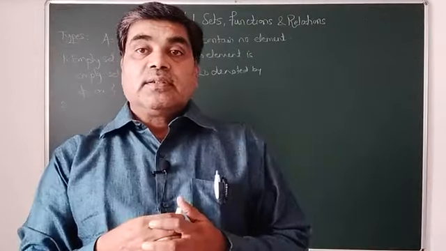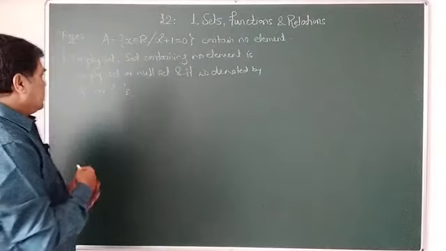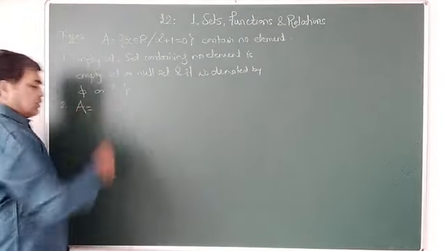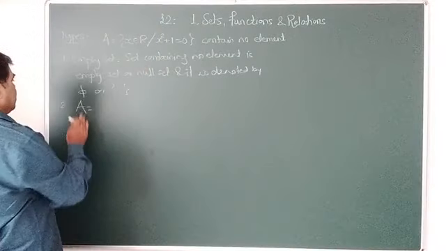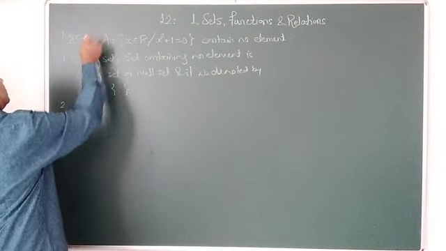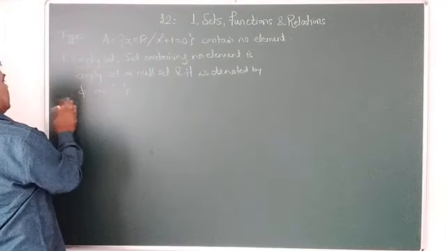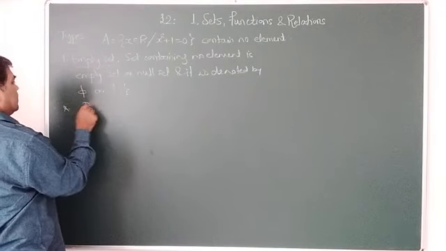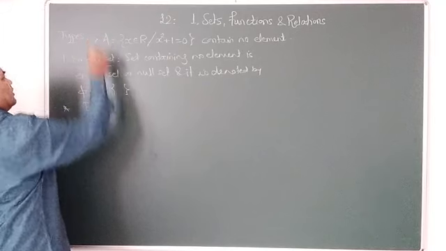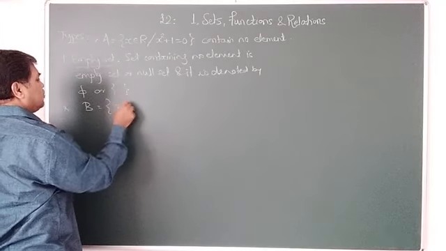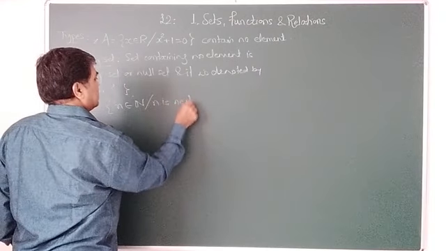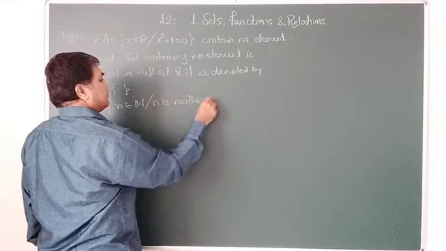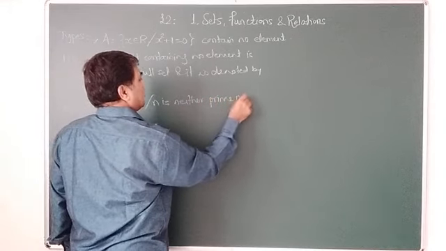Now if I ask, find a natural number which is neither prime nor composite. So what is the set B? B is the set of n belongs to N such that n is neither prime nor composite.